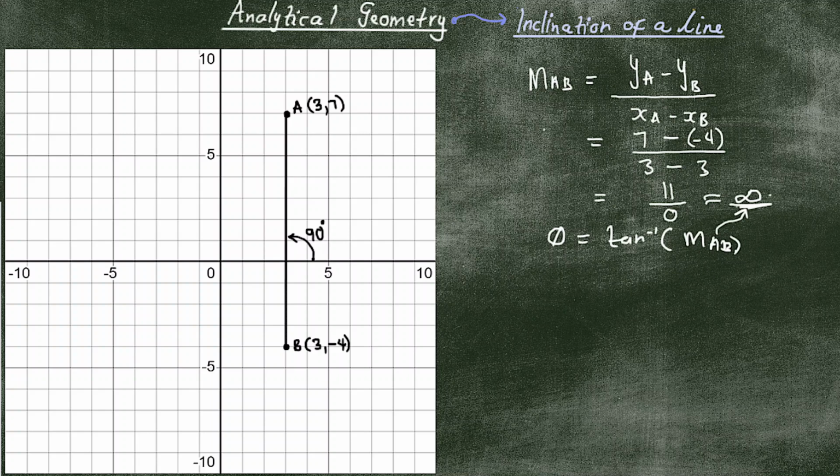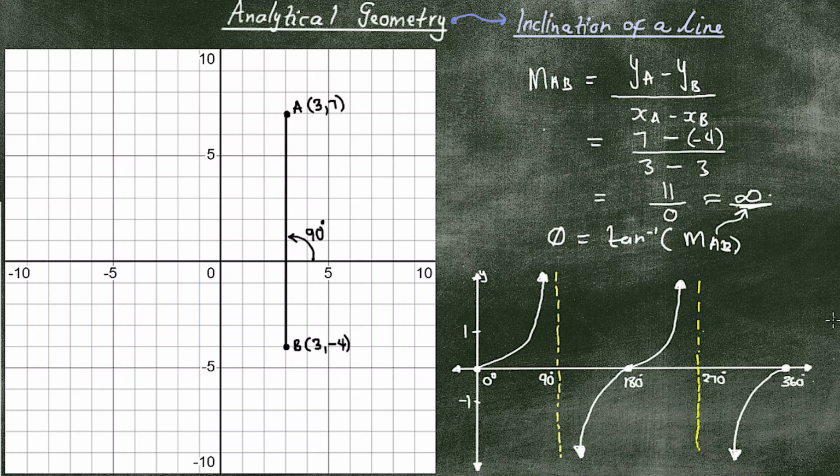Like this graph, hopefully, yeah, this graph here, right? So these yellow lines we call asymptotes, right? These are our asymptotes. Our asymptotes are where our graph becomes undefined. This is a tan graph, right? A tangent graph. So the yellow lines show the asymptotes.